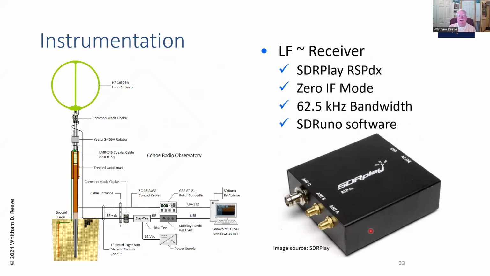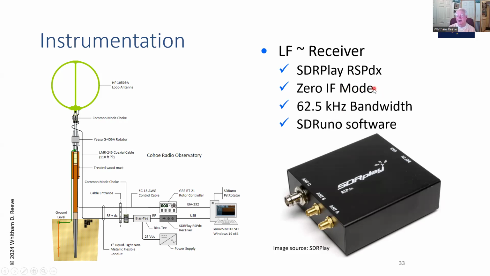The WWVB was looked at with this round loop antenna shown here on the left. I actually use a Yaesu rotator on that one and a controller back in the observatory itself. The RSP DX is a pretty good VLF receiver.